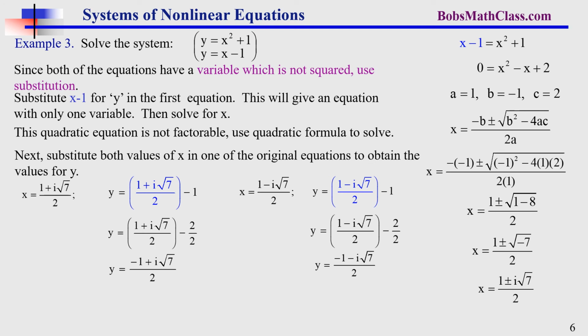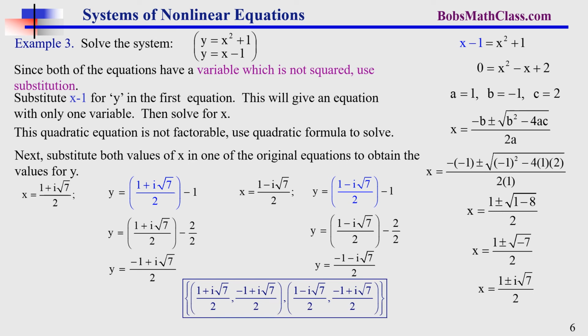So that gives us negative 1 minus i square root 7, over 2. And so that new y value goes along with the x value that we just used. So those are our two answers. We'll write them in xy form. I know it is a little messy, but these are complex solutions.